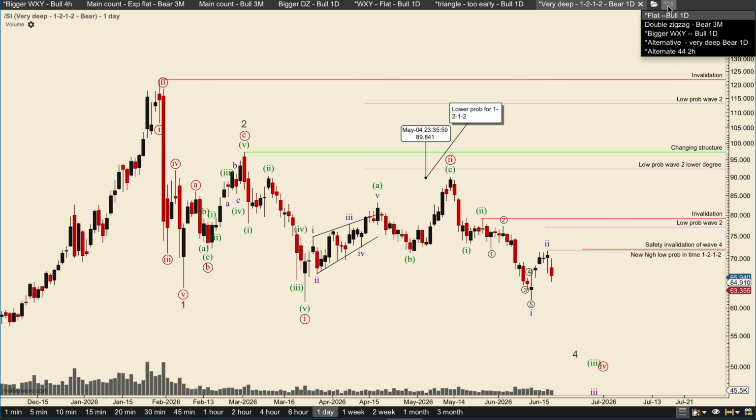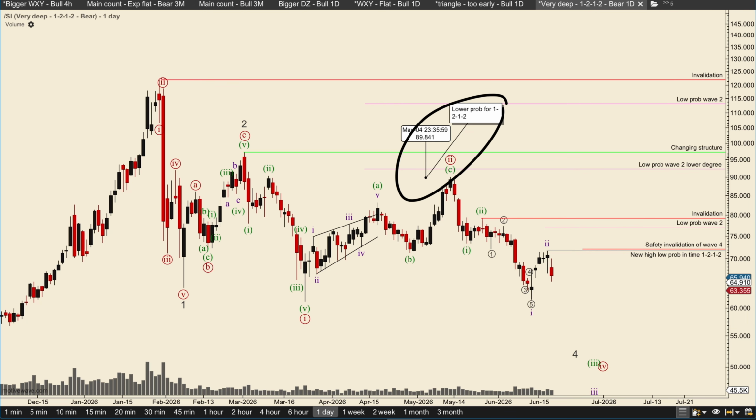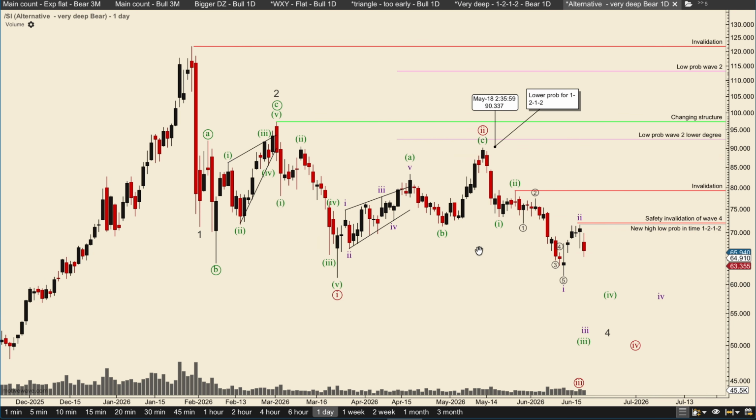So then the alternative to this, how to circumvent this problem for the bears if you are a bear, then you can count this as a wave 1 over here instead of having it here. And if you do that, then you can see that we didn't make a high after this date, which then has the higher probability of being a 1, 2 here.